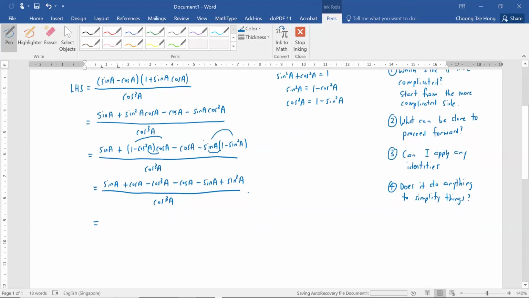You can see that indeed this step does a lot, because you can see sine A here, minus sine A, so that will remove the sine A. And cosine A minus cosine A will remove the cosine A also. That's fantastic, right? So we're actually left with just sine cube A minus cosine cube A on top.